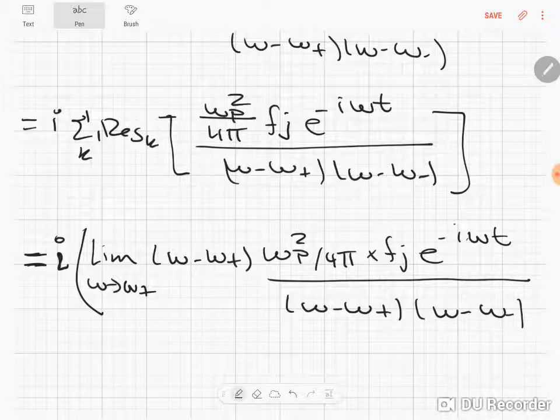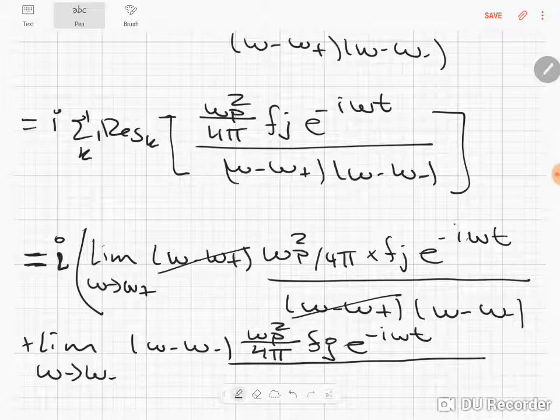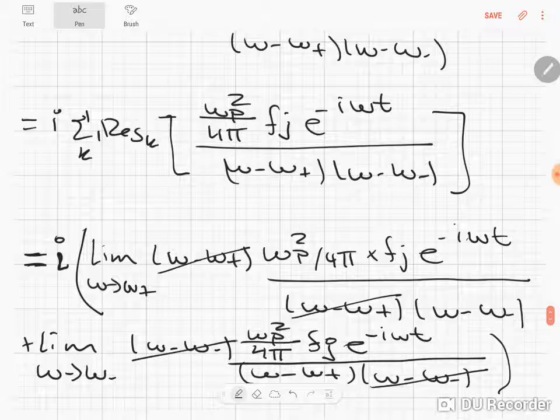This is plus the other residue, which is plus the limit of omega that goes to omega minus of omega minus omega minus, omega p squared divided by 4 pi f j e to the minus i omega t, divided by omega minus omega plus, omega minus omega minus. We close here, this one goes with this one.